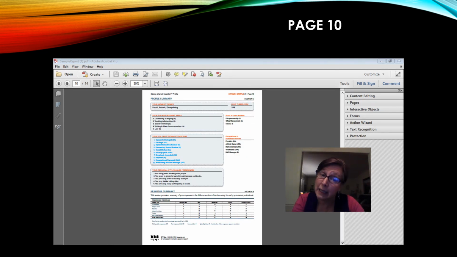And last but not least is the overviews slide, on page 10. As you can see here, it gives you an overview of what's been on the assessment. I do want to point out the bottom, that is really important because that is showing how you took the assessments. I always look at that, especially at the bottom, to see how your results weighed out, to make sure that everything was valid.